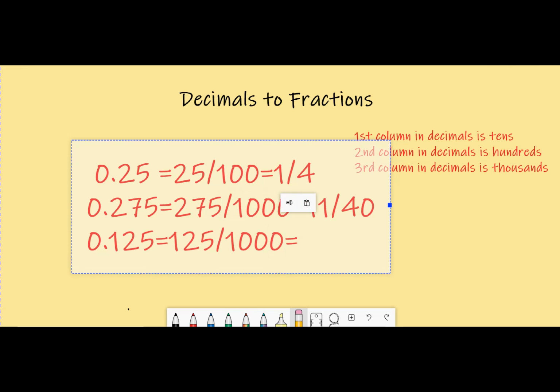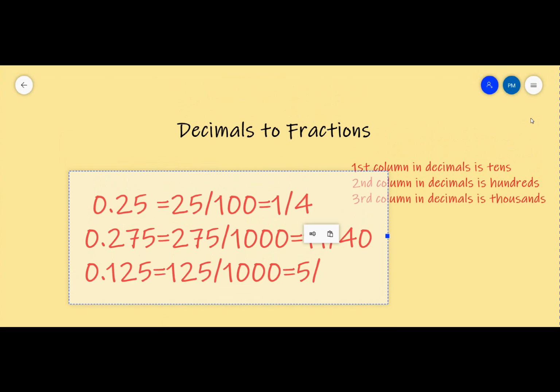And that equals, right, we can divide 25 into this. 25 into 125. What do you think? I think it could be 5. And 1,000 divided by 25, we know, is 40.